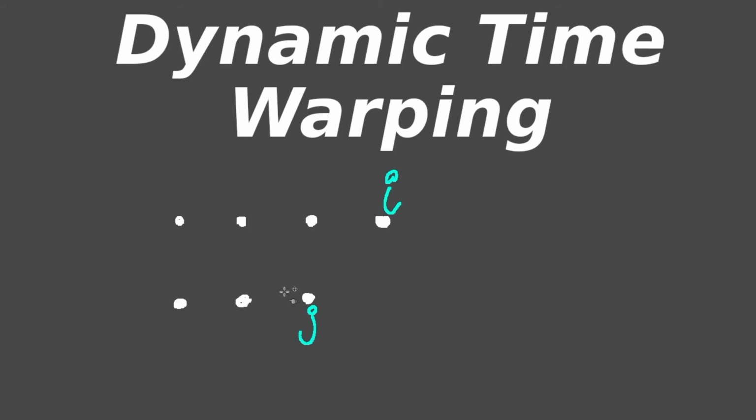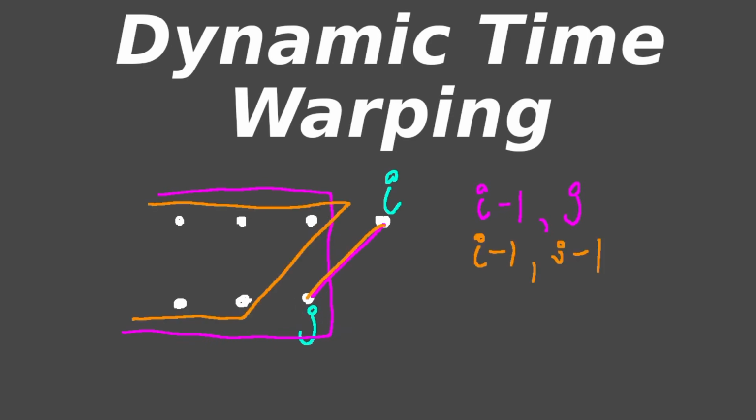So we're basically just adding on a single element, and we want to see how we can reuse the solutions that we already have. One possibility is that when we add in this new edge, because remember the ends have to pair up, we just use the optimal solution from the previous elements like this, using all these elements. So that'd be i minus 1 and j. Another possibility is that we're using i minus 1 and j minus 1.